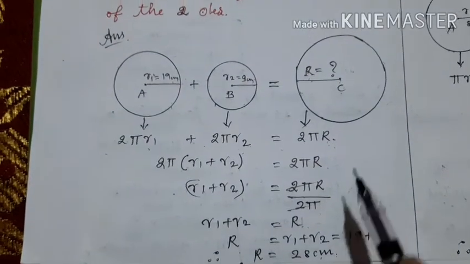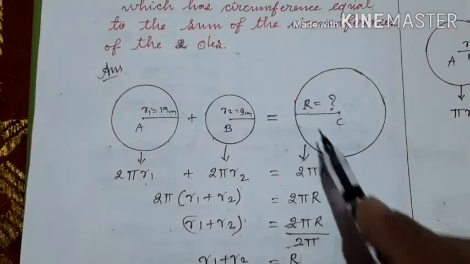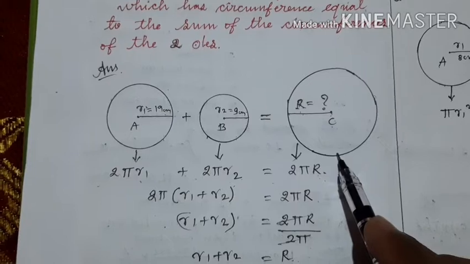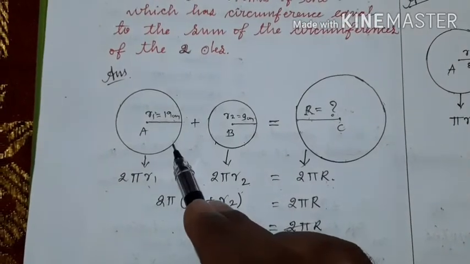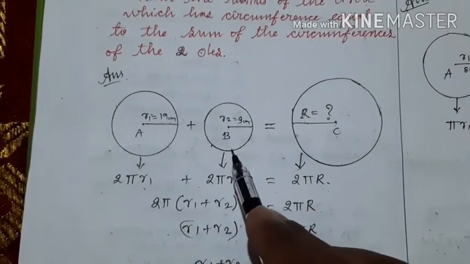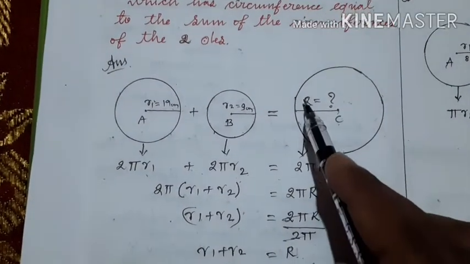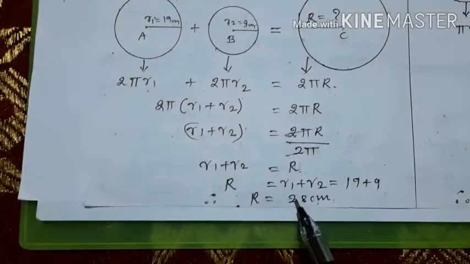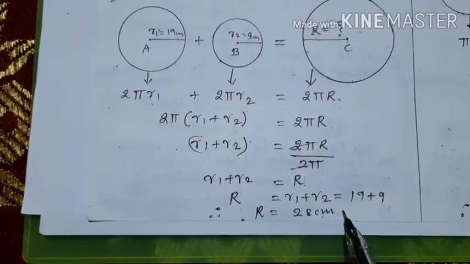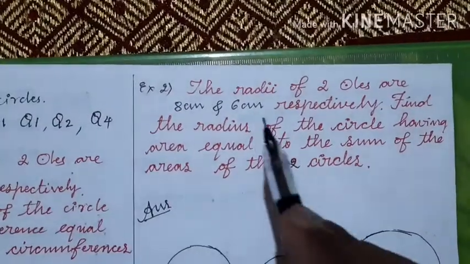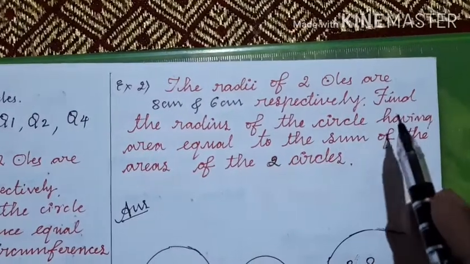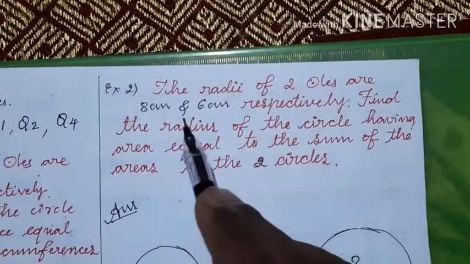Here the circumference of this circle is equal to the sum of the circumference of this circle plus the circumference of this circle, and the newly formed circle's radius is capital R, which is equal to 28 centimeter. Now let us see one more example, that is question number 2.